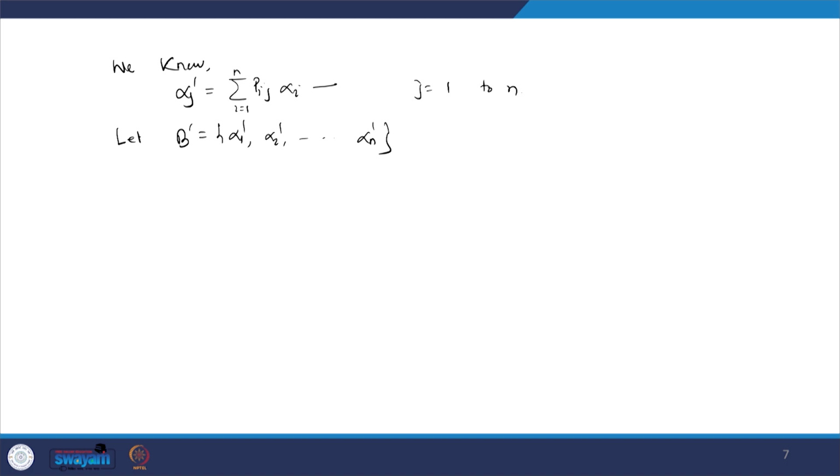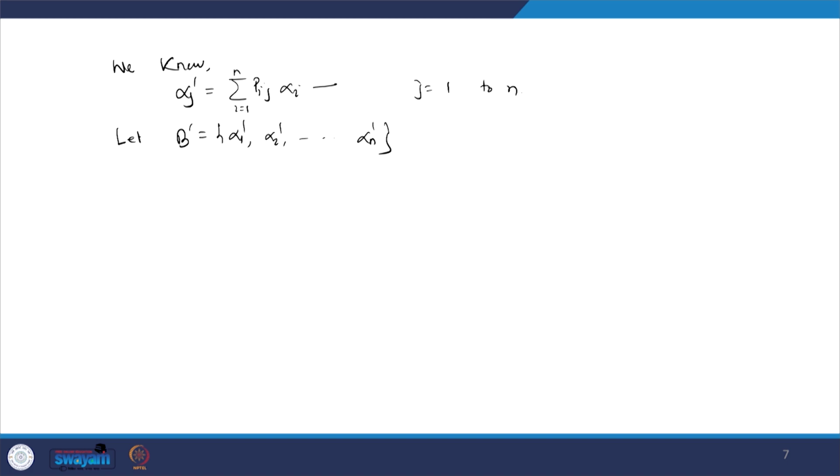Okay. If I somehow can show that these n elements span the vector space V, then I am through, because the dimension of the vector space V is n. So, we need for any basis exactly n linearly independent elements. There are exactly n elements. Now, if I show that they span the space V, then I am through.